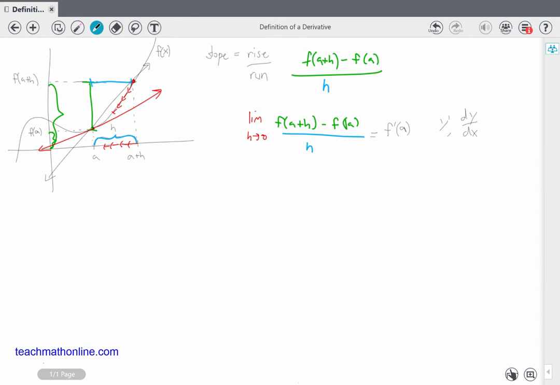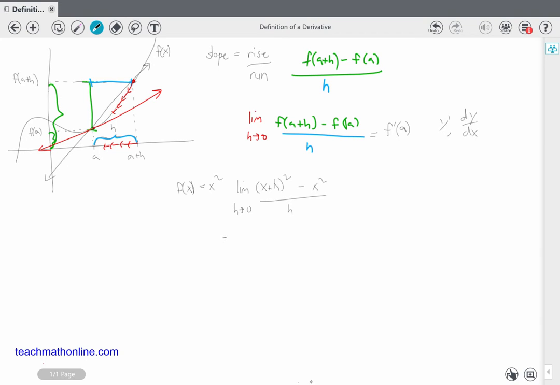So for example, let's say we have some function x squared, and we wanted to find the derivative of this. Using the definition, we could say the limit as h approaches 0 of x plus h squared minus x squared all over h.